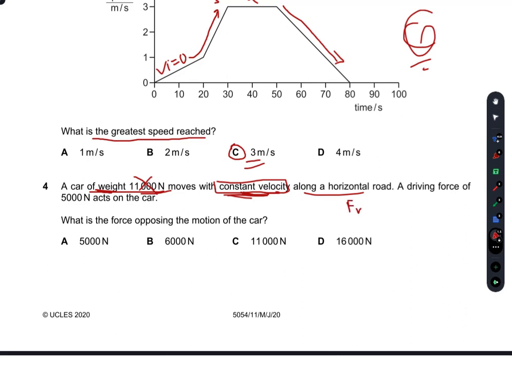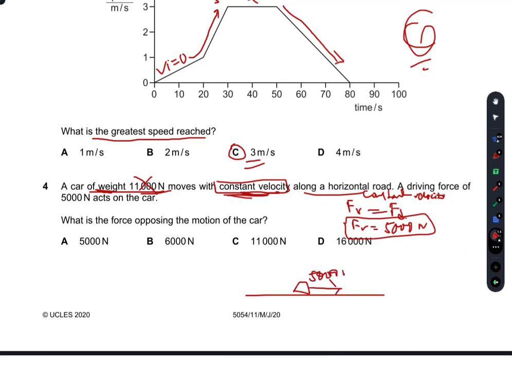So the body is moving at constant velocity. Constant velocity means that there is no change in velocity. Therefore the force of reaction should be equal to the driving force, meaning the force of reaction is equal to 5,000 newtons. The car is moving in this direction, and the driving force is 5,000 newtons and the reaction force is also 5,000 newtons.